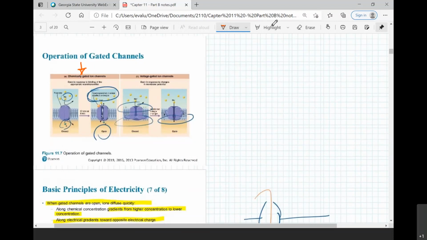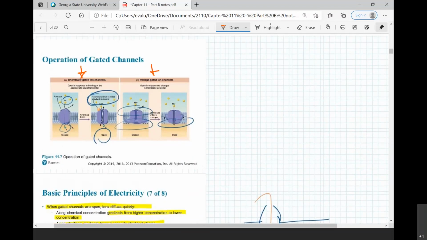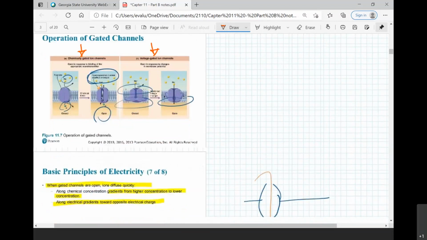When you have a voltage gated channel, these are opening specifically in relation to the charge. So if it goes from negative 50 millivolts and then changes to negative 55 millivolts, that is a change of 5 millivolts. That may be enough to open the gate. It could not be, but a voltage gated channel is opening up based on the potential that is going on with the plasma membrane.